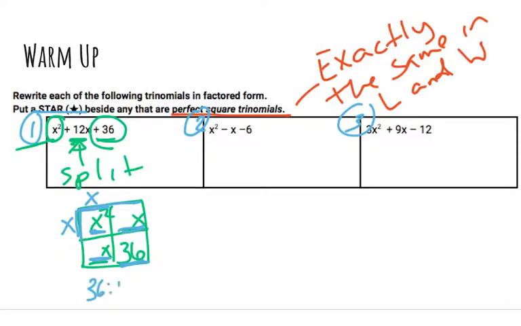I've got 1 times 36. That wouldn't do it. That wouldn't give me a square, right? The same. I've got 2 times 18. No. 3 times 12. 4 times 9, I think. 5 doesn't go into it.